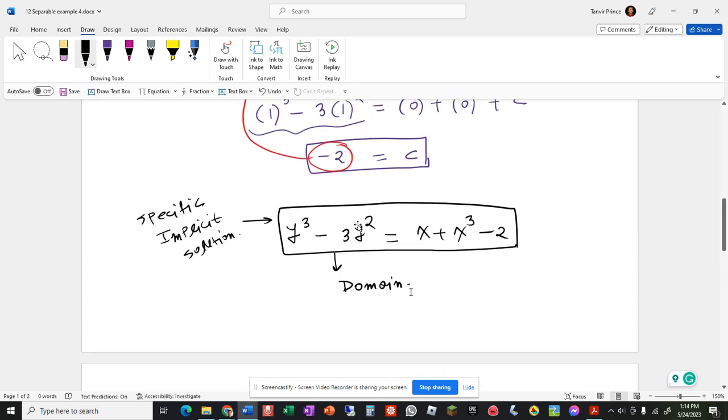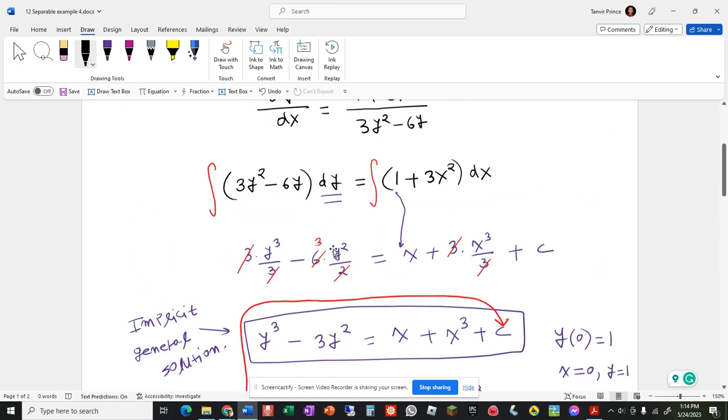That will be the domain of this specific branch that satisfies our initial condition. Of course, it is possible to solve for y and get an explicit equation of that branch, but that will be quite complicated because I have a cubic equation. You can do it using other mathematical software like Mathematica, but we are not going to do that.